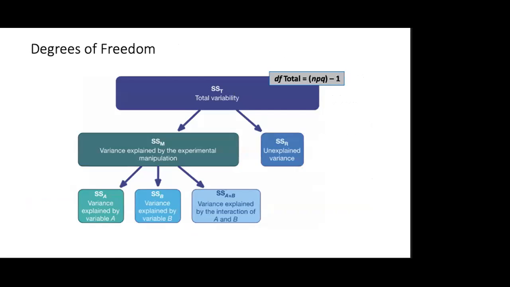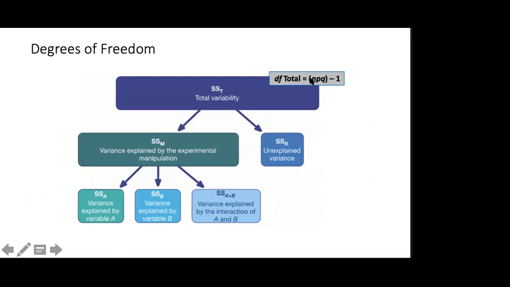So how do we determine the degrees of freedom in our factorial ANOVA? For the total sum of squares, we already talked about that, right? It's basically the total number of subjects minus 1, because we lose 1 degree of freedom by estimating the grand mean across all observations.